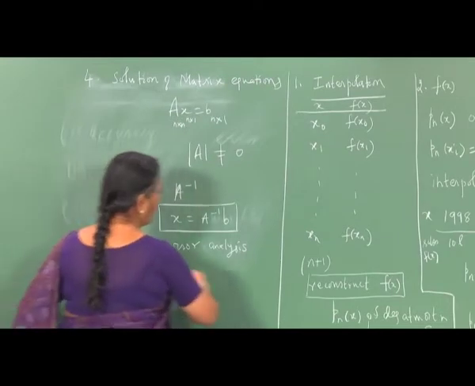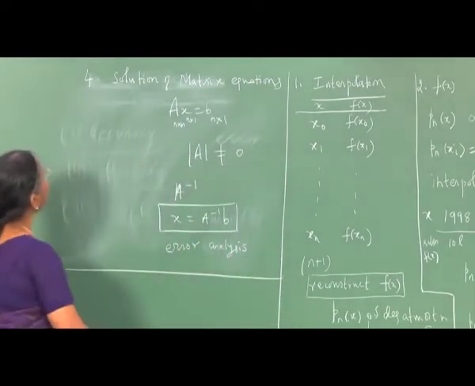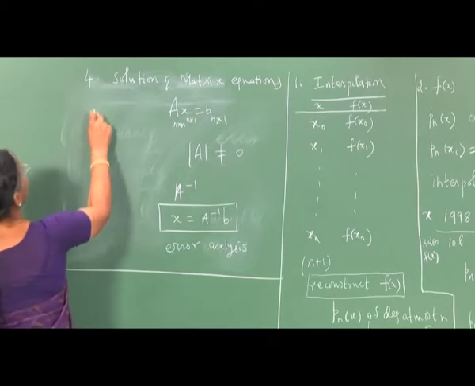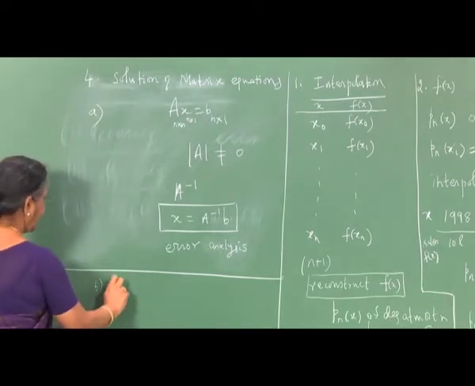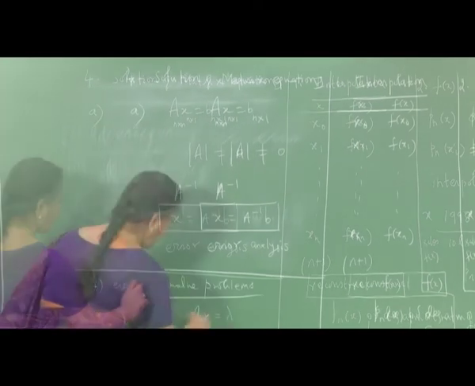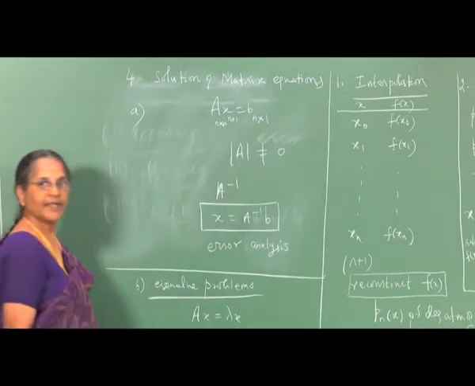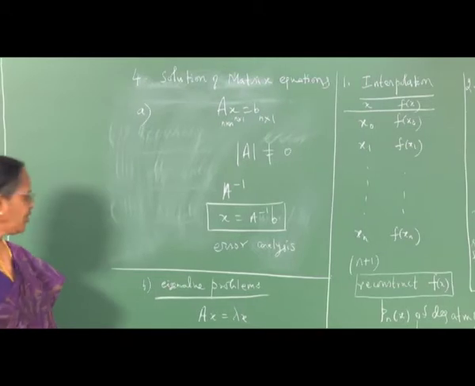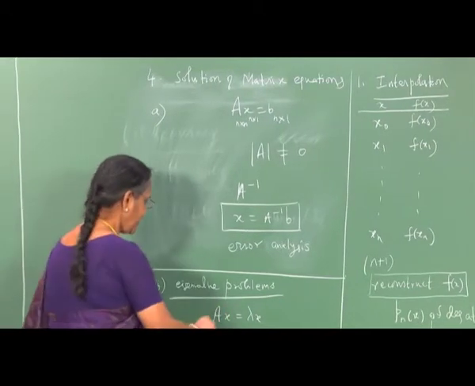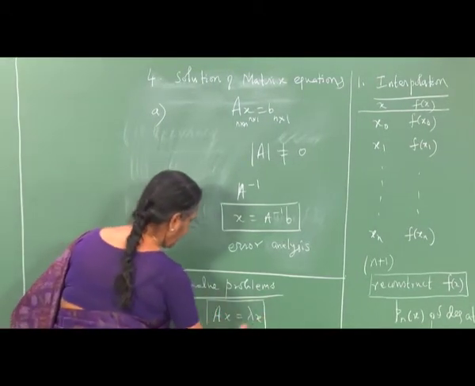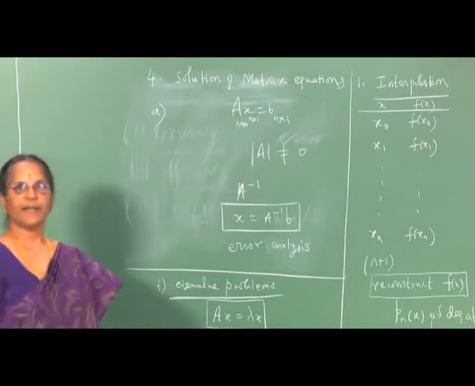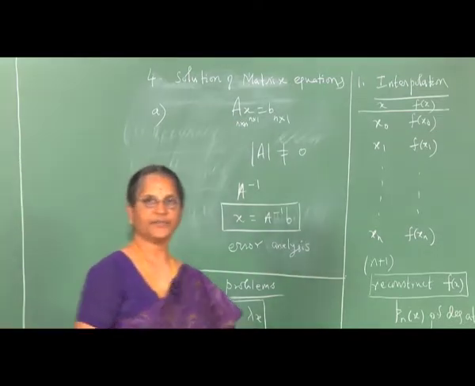And once we do this, then we also consider in this section the eigenvalue problems. We would be determining a scalar lambda and a non-zero vector x such that this matrix equation Ax is equal to lambda x is satisfied.